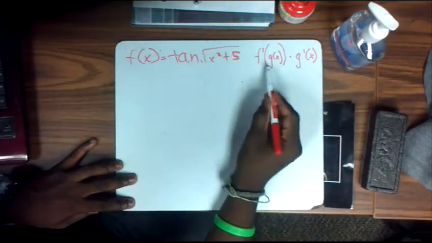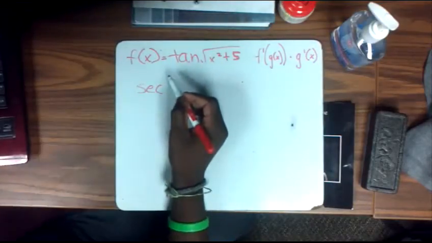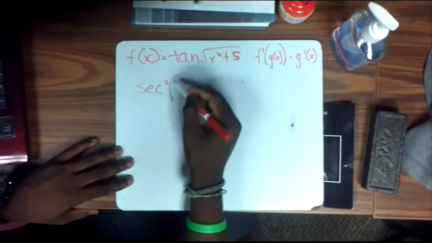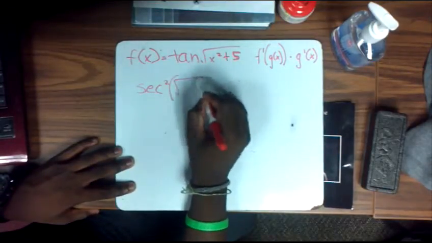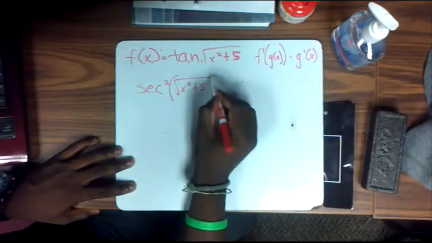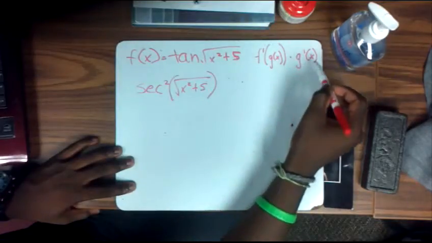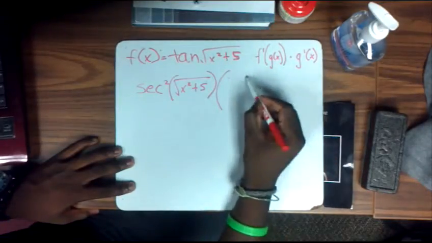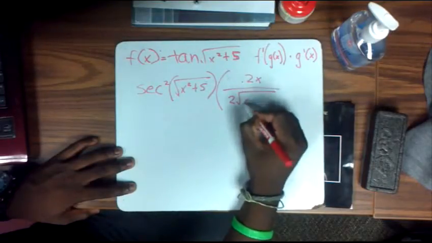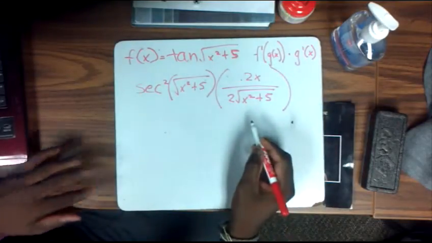First, when we did f prime of g of x, we got secant squared of the square root of x squared plus 5, close that parentheses, and then you have to multiply it by g prime of x, which we got 2x over 2 times the square root of x squared plus 5.